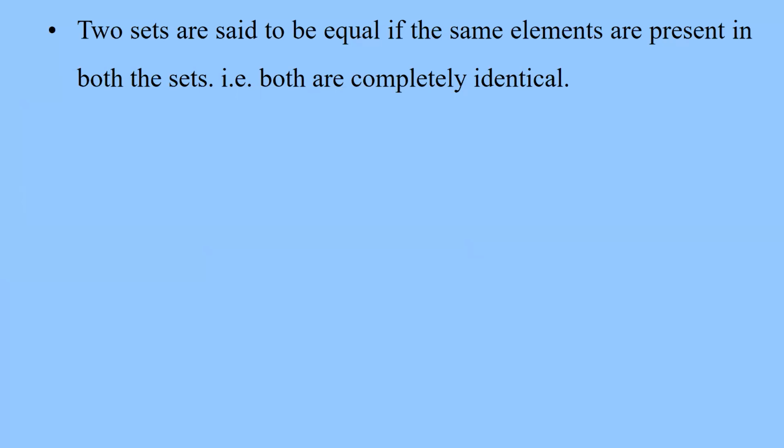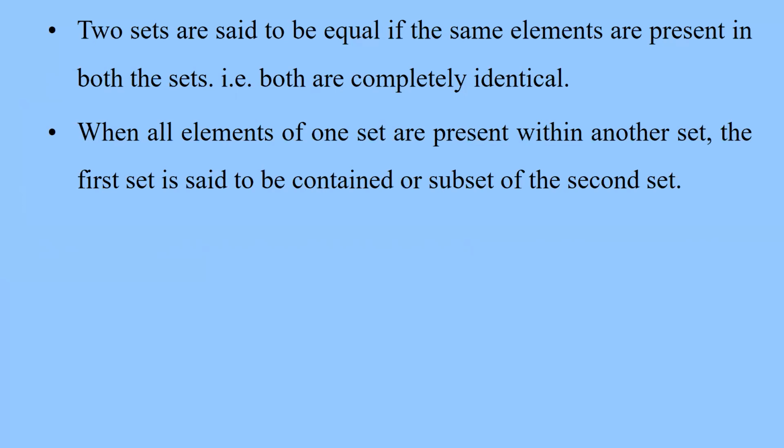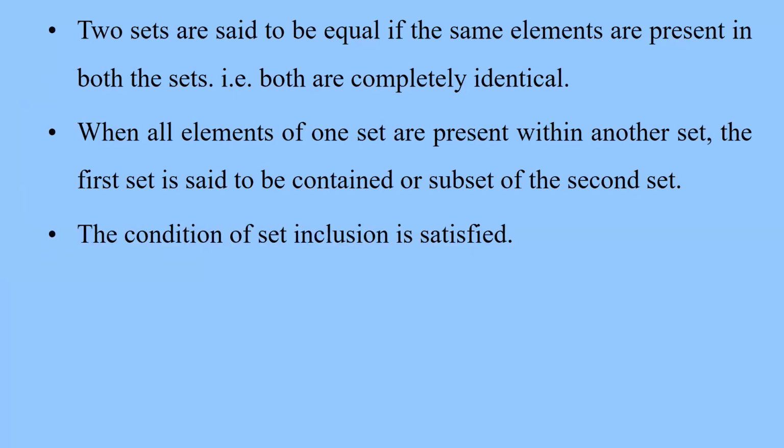2 sets are said to be equal if the same elements are present in both the sets. That is, both are completely identical. When all elements of one set are present within another set, the first set is said to be contained in the second set, or it's a subset of the second set.